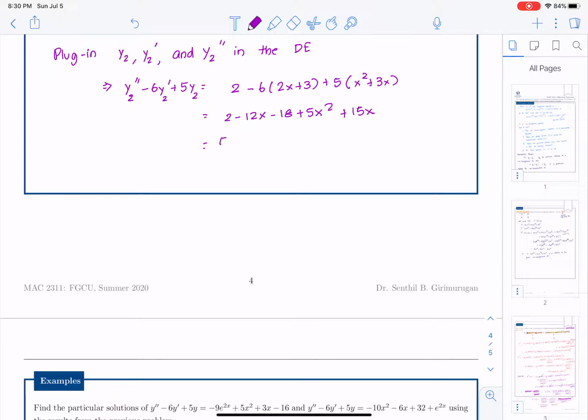Combine like terms, we have 5x squared plus 3x minus 16.